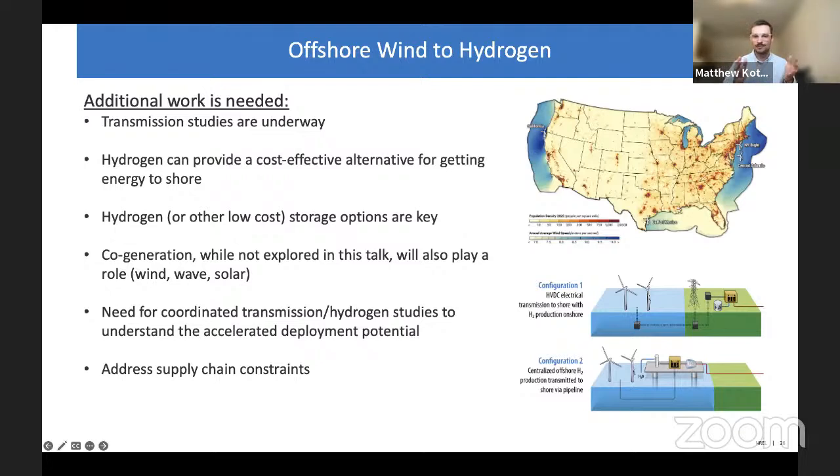Of course, for example, the Gulf of Mexico region has heavy presence from other energy industries. So it's also curious to see if there could be some synergies there to see if that can help impact lower end use costs as well as distribution. And then of course, supply chain constraints as well.